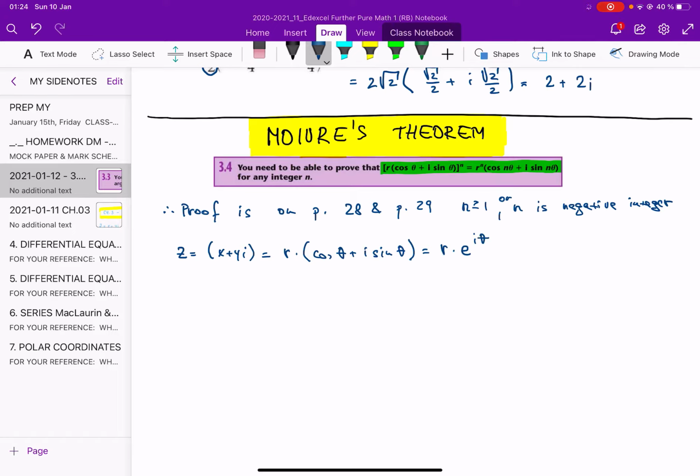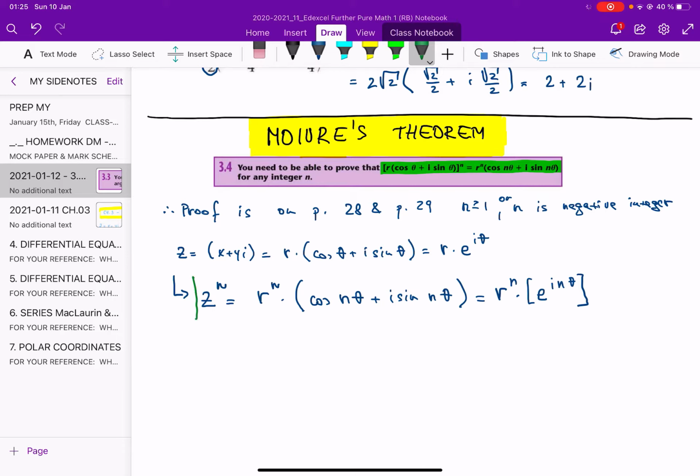But then it says that z to the power of n is equal to r to the power of n times cosine n theta plus i sine n theta, or if it's written in the exponential form, then of course it's r to the power of n, and then you would have e to the power of i n theta. That's the same story.